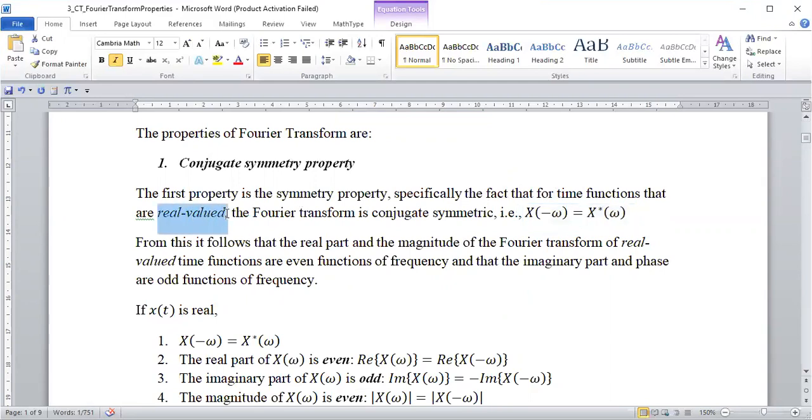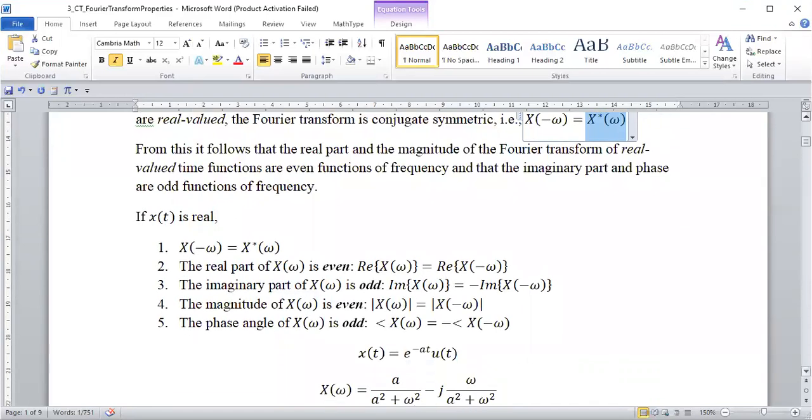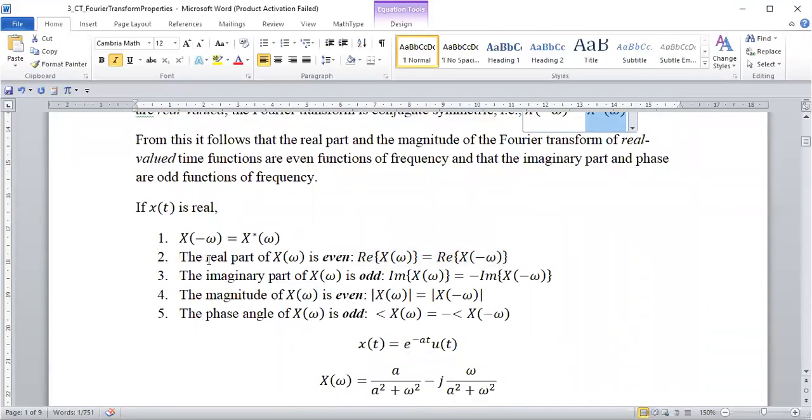So if x of t is real valued, the Fourier transform is conjugate symmetric. Because of this implication, the real part of the Fourier transform is even, the imaginary part is odd, and the magnitude of the Fourier transform is even, while the phase angle is odd.